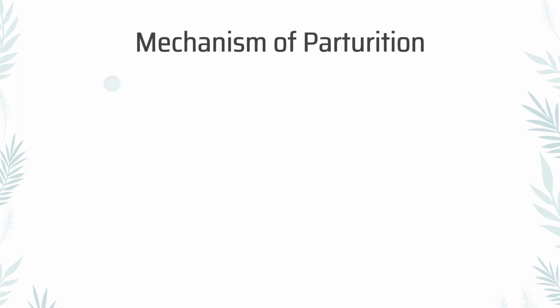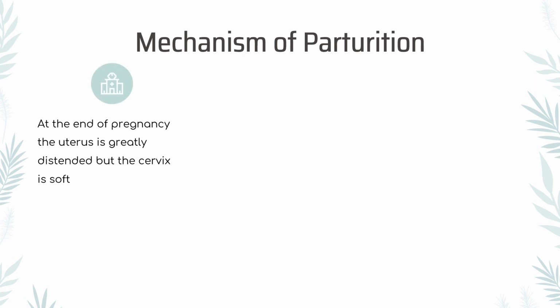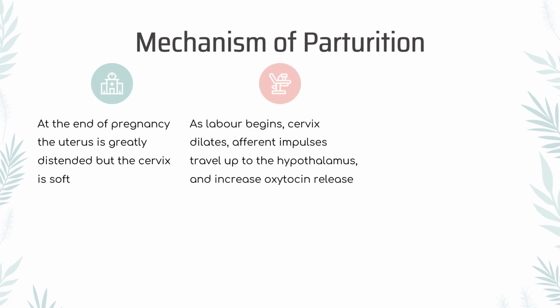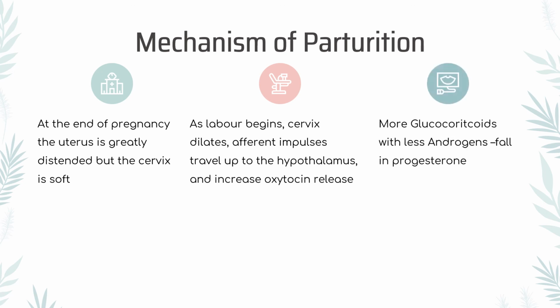Mechanism of parturition. At the end of pregnancy, the uterus is greatly distended, but the cervix is softened. As the labor begins, the cervix dilates, afferent impulses travel up to the hypothalamus, and it increases the oxytocin release.